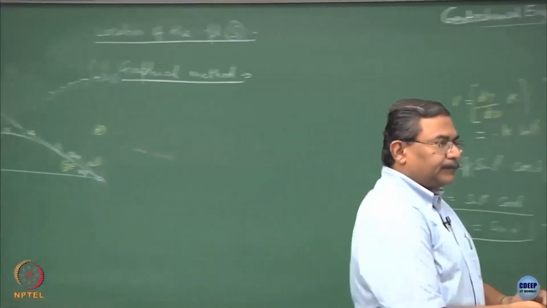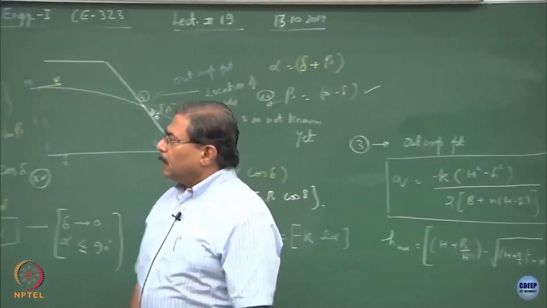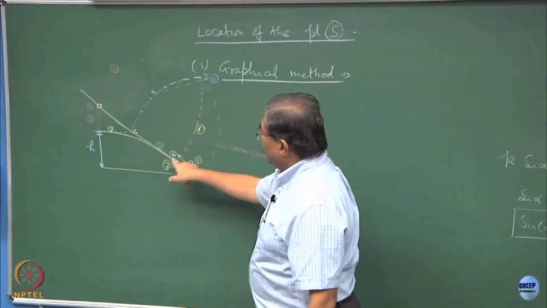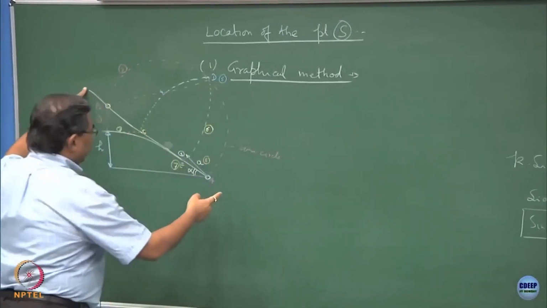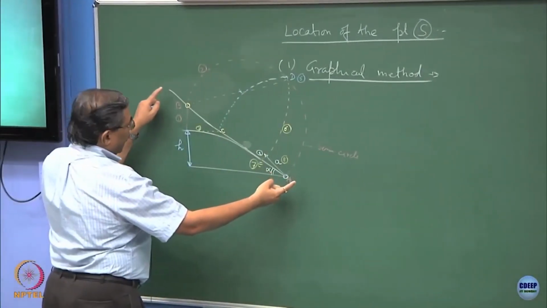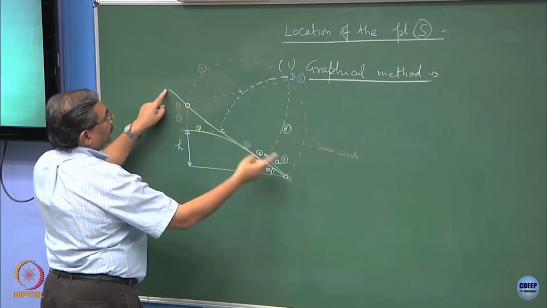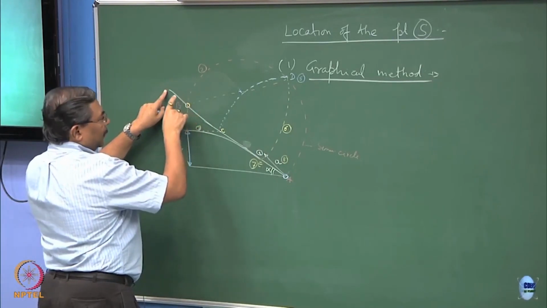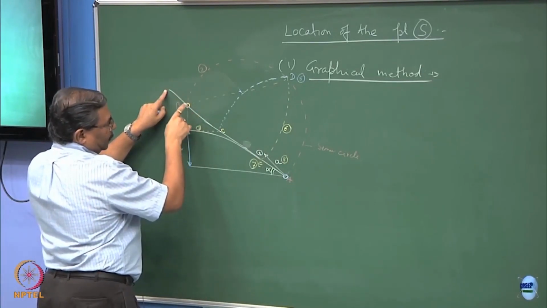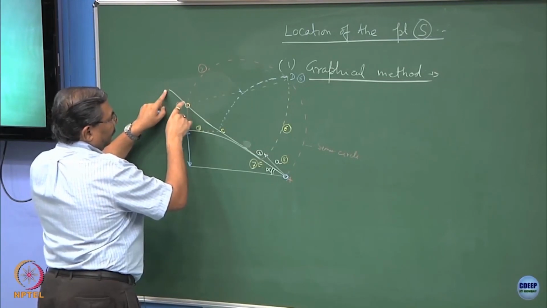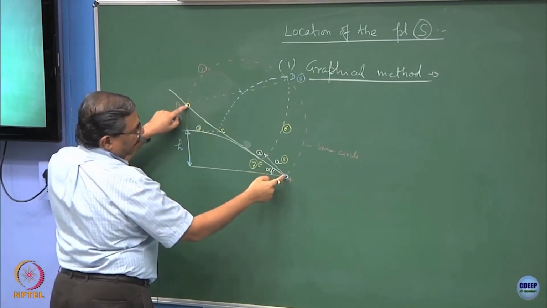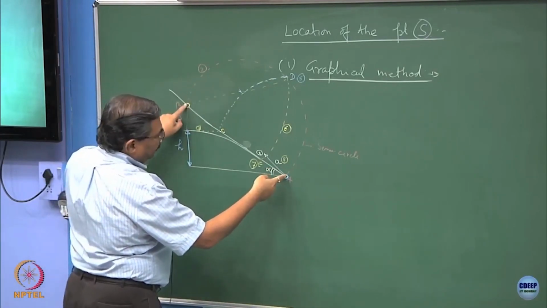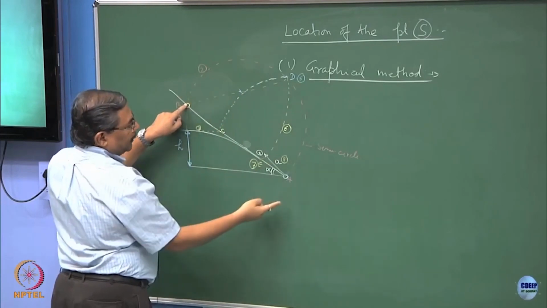I will repeat it. Basically, we wanted to find out the location of the outcrop point. So, take the downstream side of the dam, extend the height of the water column, let it cut the dam surface downstream, get the point B, take A as the center, this as the radius, this whole thing as the diameter, and then you complete the semicircle.